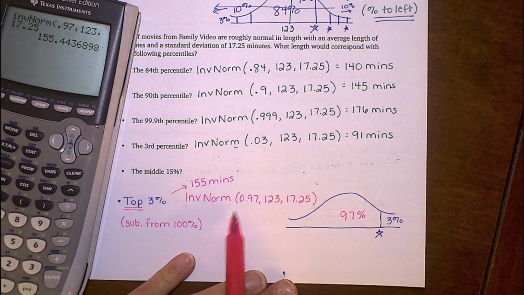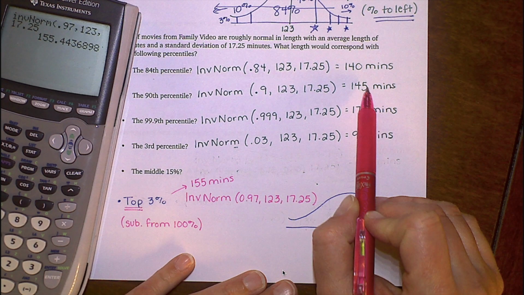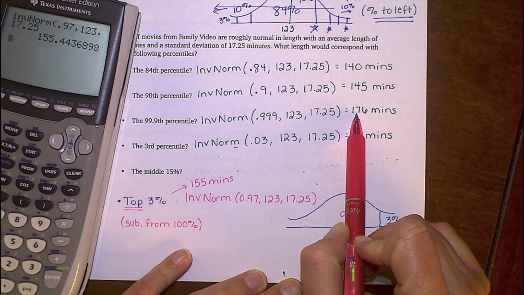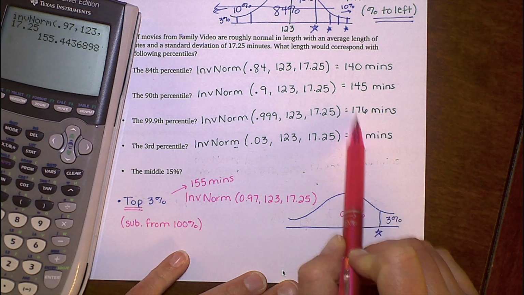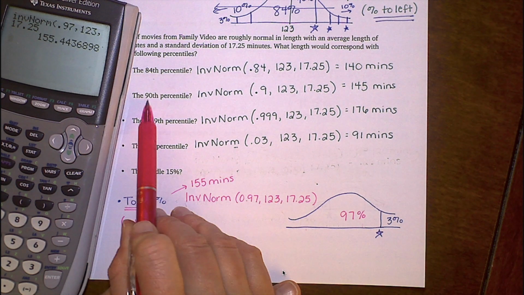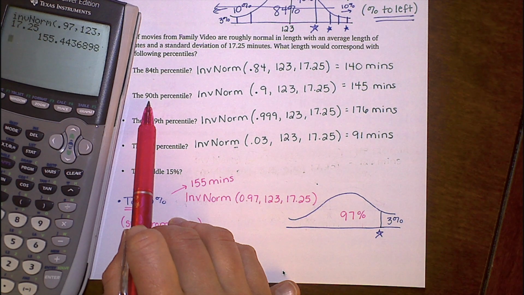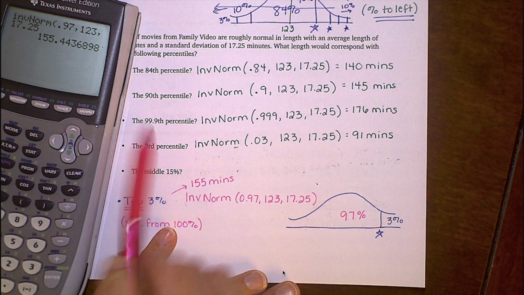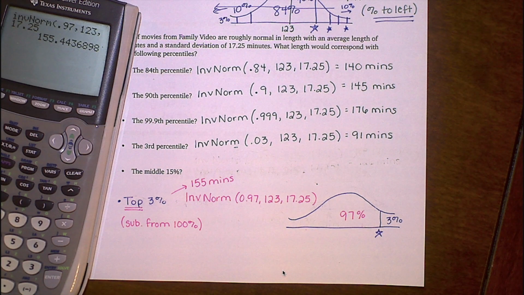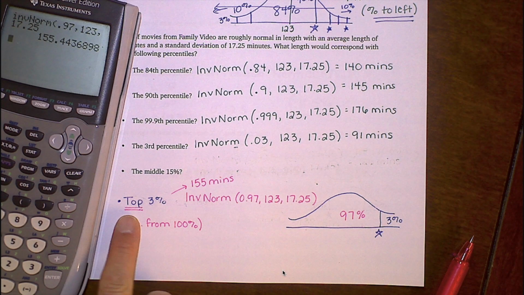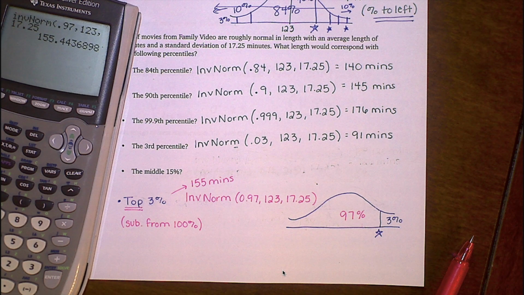That 155, the 97th percentile, is going to fall between 90 and 99.9. So the top 3% would be somewhere in here. Keep in mind the 90th percentile represents the top 10%. The 99.9th percentile represents the top 0.1%. So I just wanted to make sure we did one where you dealt with the top percentage, and now we'll talk about that middle 15%.